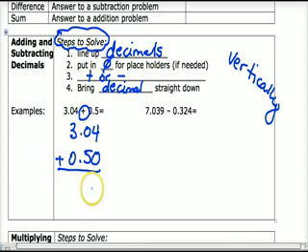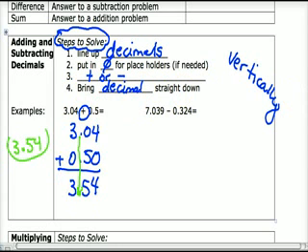I needed one there. Now I'm going to go ahead and add. Step 4, bring decimals straight down. So what we're going to do is, here's our decimal. We're going to bring it straight down. So our answer to this problem is 3.54.